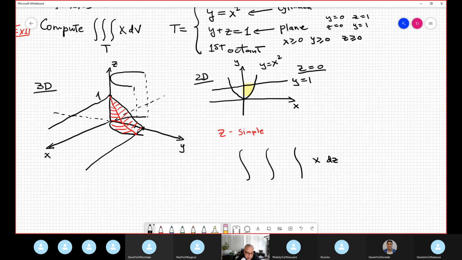So with respect to z is, let me use blue color, is from this to this. So I go to the z. Okay, in this case, z is 0, it's obvious, right? To the z of the plane. Okay, the z of the plane is, look, the equation of the plane is y plus z equal 1, therefore z is equal 1 minus y.